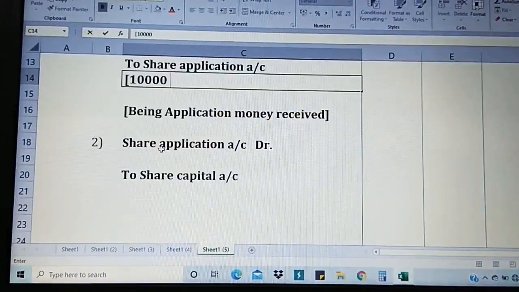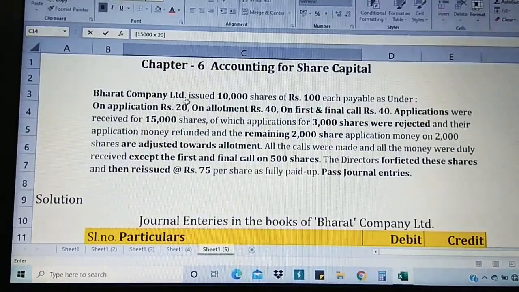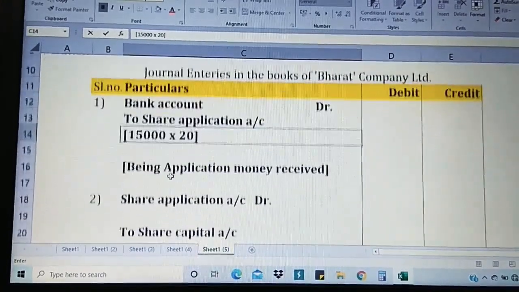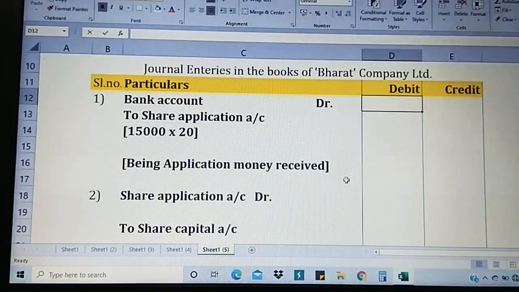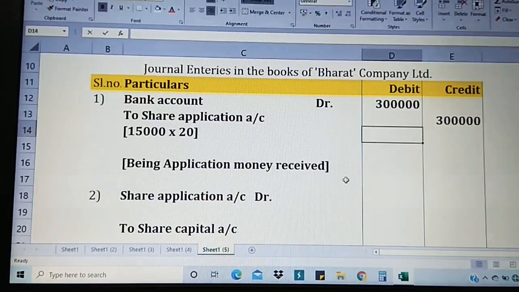So we have to concentrate when this is given. 15,000 shares at rupees 20 each, on application, is received. So 15,000 into 20 gives us 3 lakh. The narration is application money received. The first step is over.